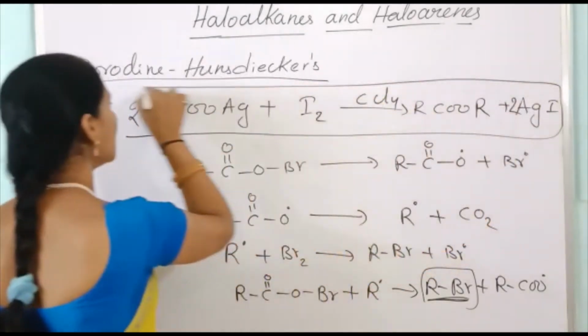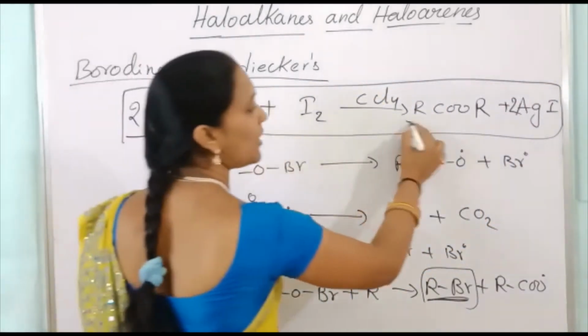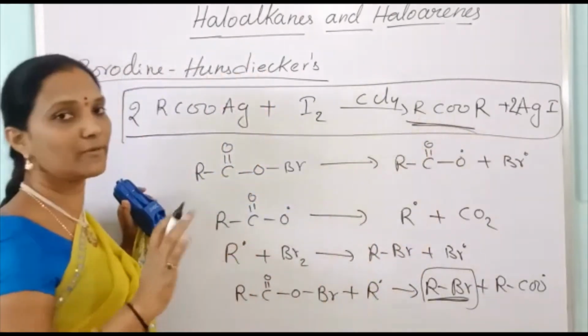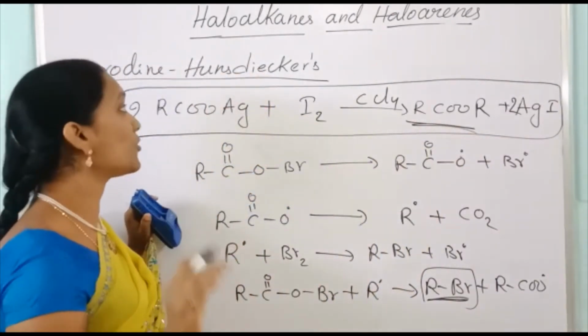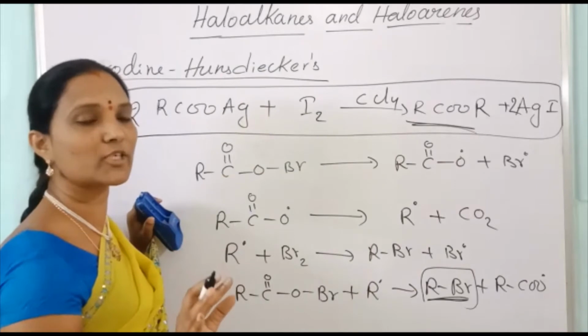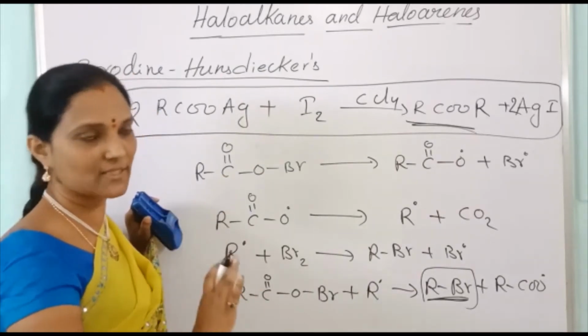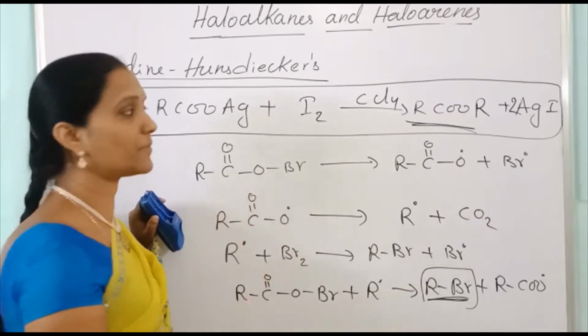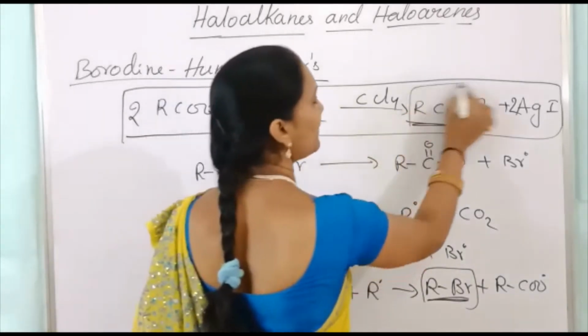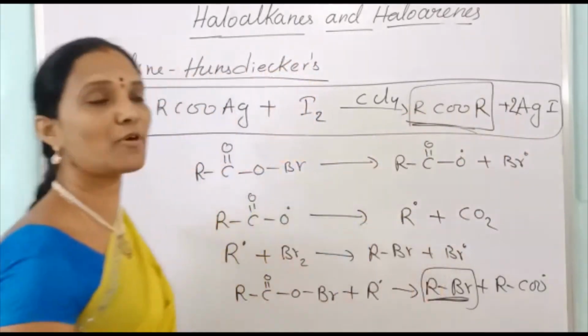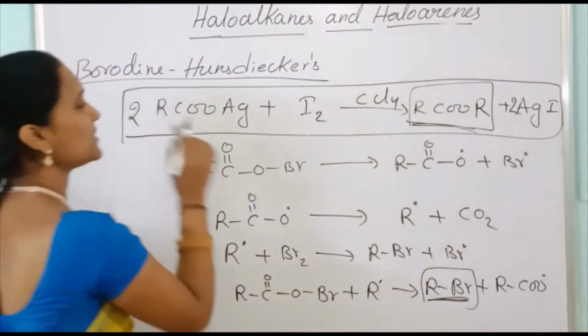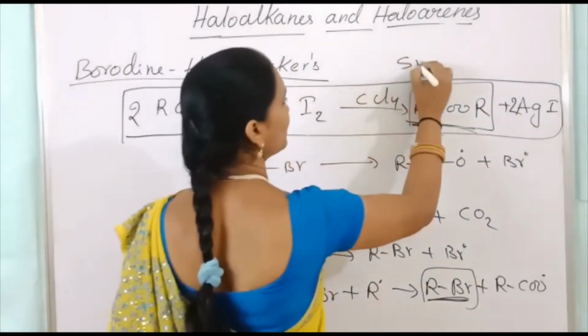The product obtained is an ester, not RI. So iodide we can't prepare in the Borodin-Hunsdiecker reaction. Chloride we can prepare, but yield is less; bromide is the best one. Iodide we can't prepare because the product obtained is ester. This reaction is called the Simonini reaction.